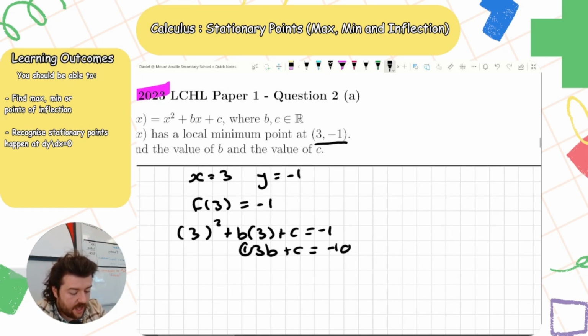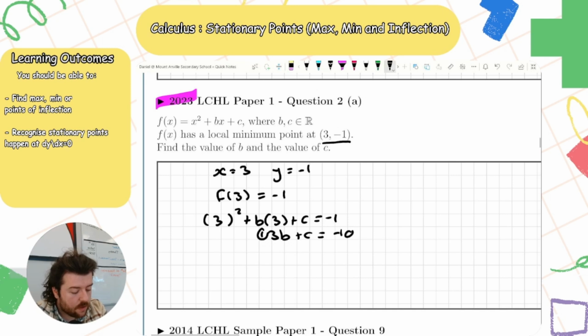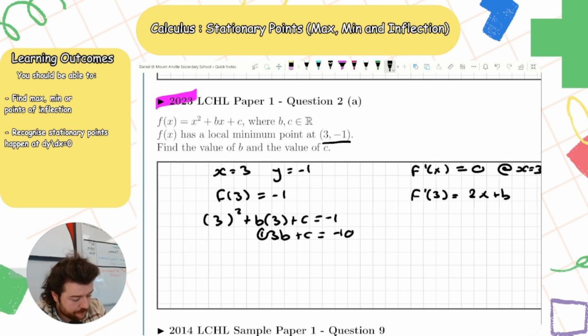There's one equation. And what we also know is this is a local minimum. Therefore, my first derivative will be equal to 0 at x equals 3. So the first derivative is 2x plus b equal to 0. So 2 times 3 plus b is equal to 0. b is going to be equal to minus 6.